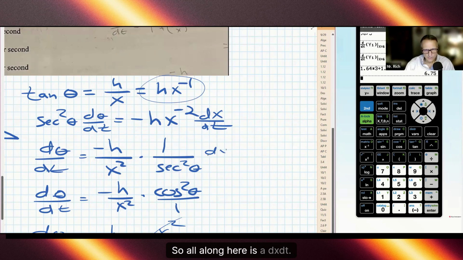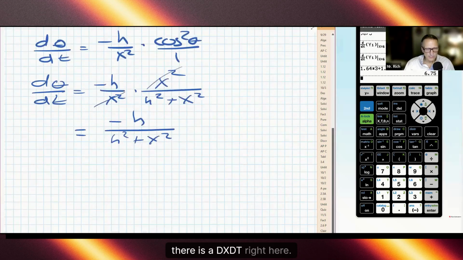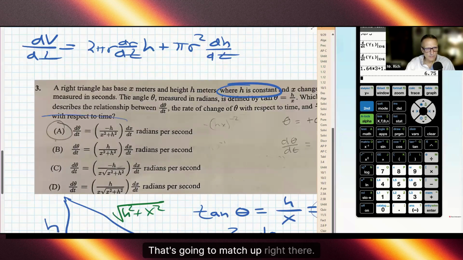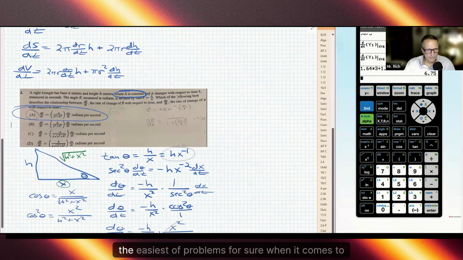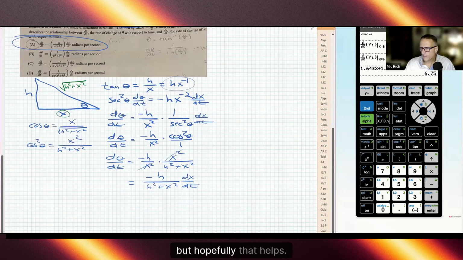So all along here is a dxdt. So coming down here as a last part of my answer, there is a dxdt right here. So it looks like here, Taylor, A is going to be the answer. That's going to match up right there. Okay. Not the easiest of problems for sure, but hopefully that helps.